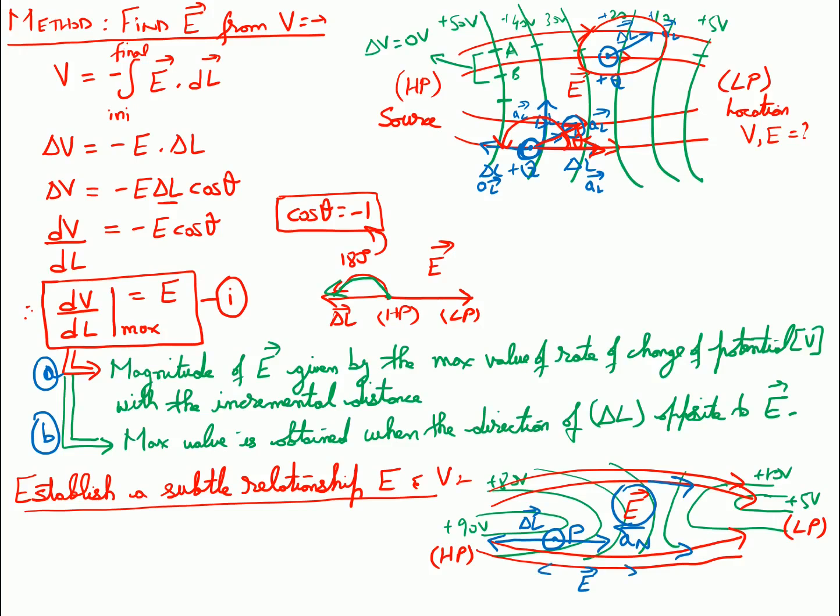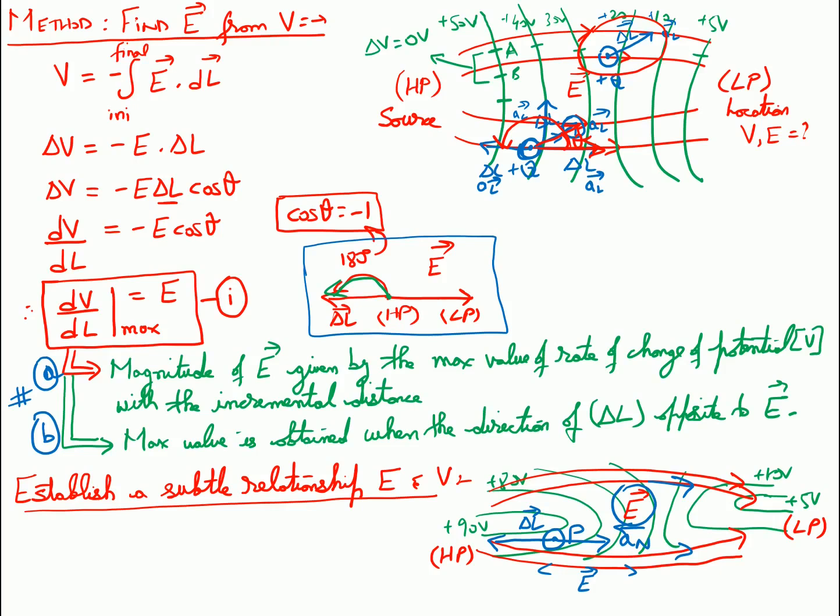We have recreated the first scenario, and we applied the two observations shown here in A and B to this point P inside the electric field. It is giving us the same behavior as we saw over here, where the electric field is always opposite to the incremental length, and that incremental length shows us the maximum change in potential inside this field.